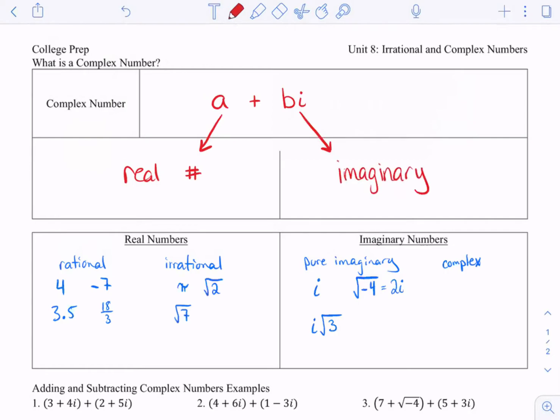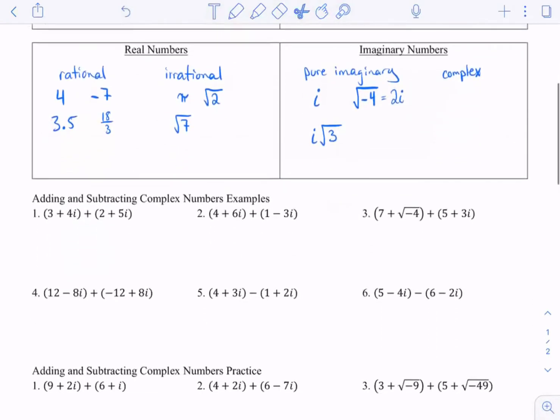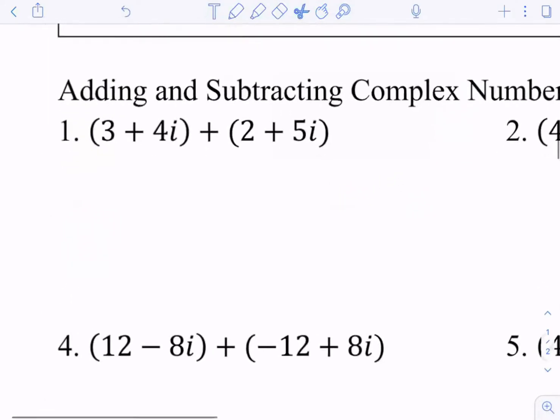So anything that's a real number should go in front, and anything that's an imaginary number should be part of the b. It doesn't always have to be plus. It could be plus or minus really here. But it's just the general form of a complex number. So it looks something like this: 3 plus 4i, that is a complex number. And this is a complex number because it combines a real number and an imaginary number.